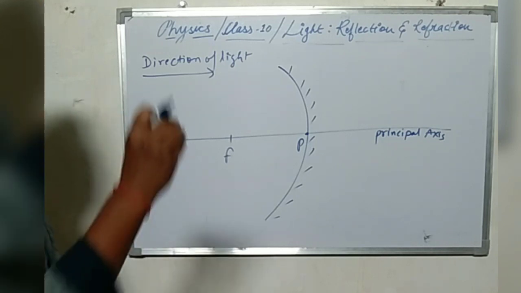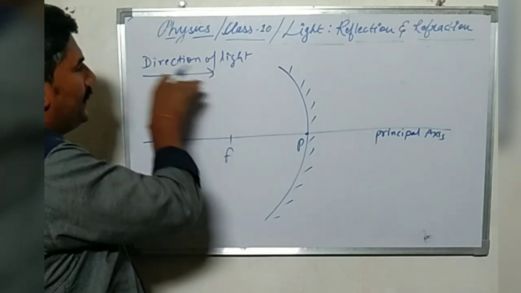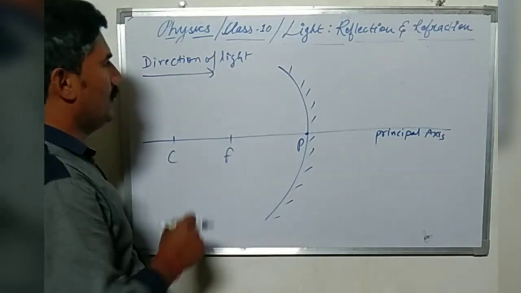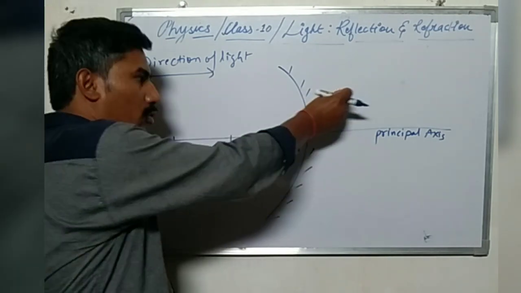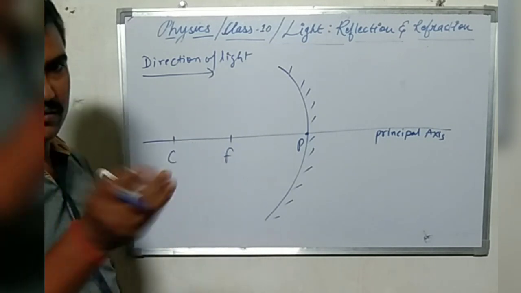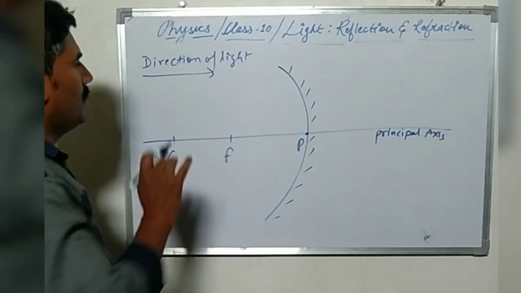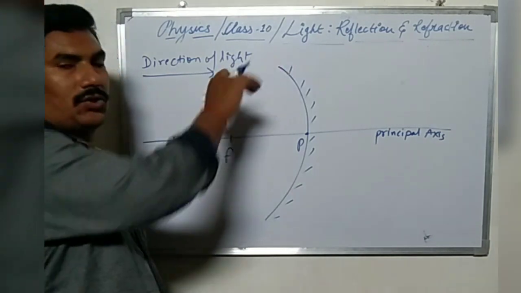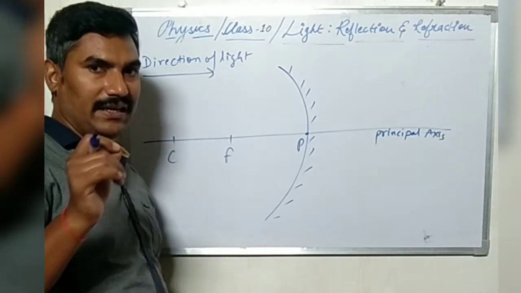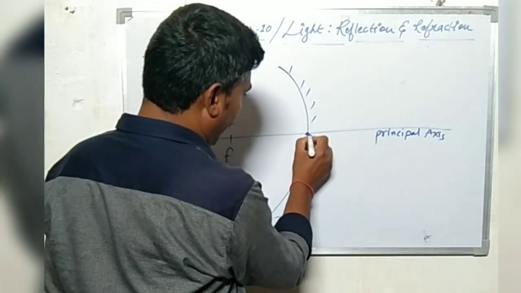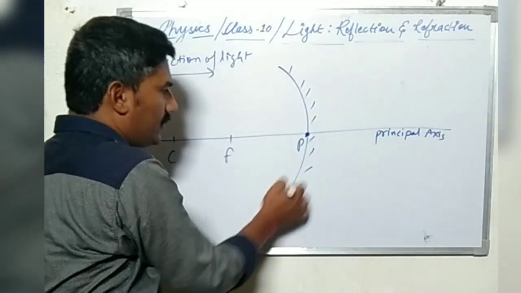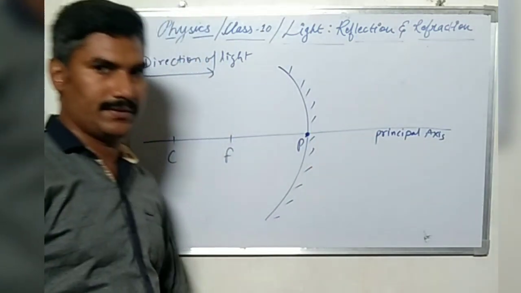Any measurement which is taken in the direction of the ray of light is taken as positive, and which is taken opposite to the direction of the incident ray of light will be considered as negative. But before this, we need to remember one thing, that each measurement should be taken from the pole, which is the intersection point of the mirror and the principal axis.